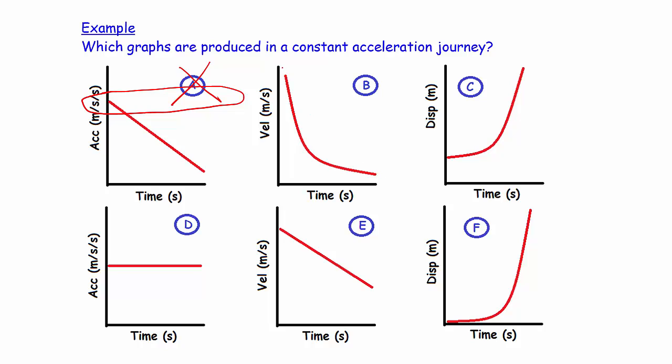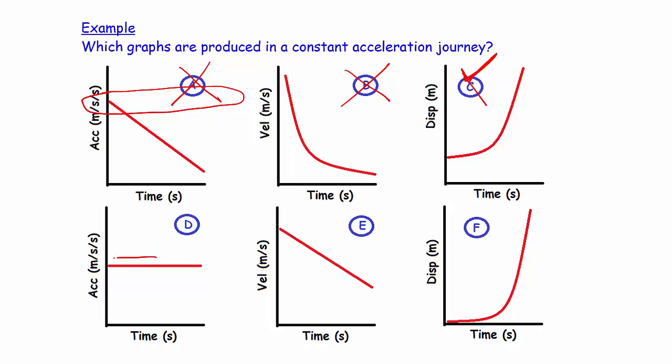And my velocity is not changing linearly with time. So that cannot be anything to do with a constant acceleration journey. My displacement, and we can argue about the shape of any curve, but you gotta go with the flow here. That looks pretty well parabolic to me. So yes, that's going to go with a constant velocity journey.